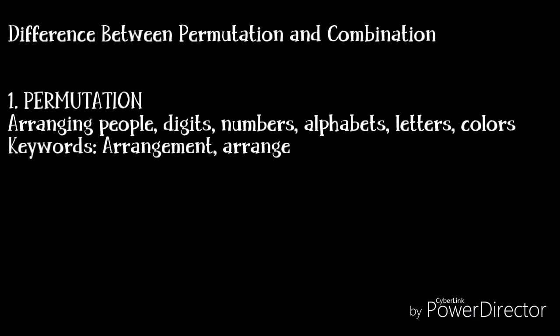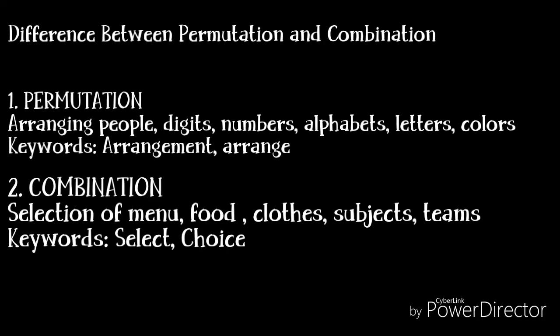What is permutation? Permutation is arranging people, digits, numbers, alphabets, letters, and colors. So our keywords here are arrangements and arrange. Well, combination is a selection of menu, food, clothes, subjects, and themes. Our keywords here are select and choice.